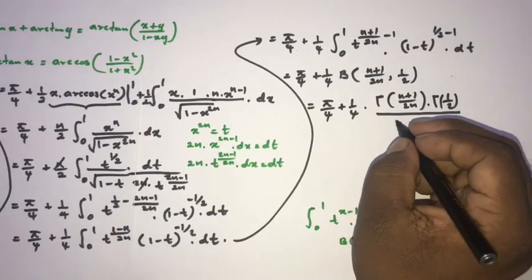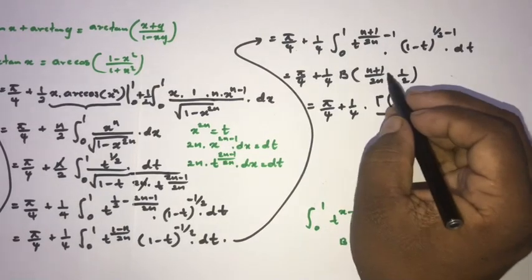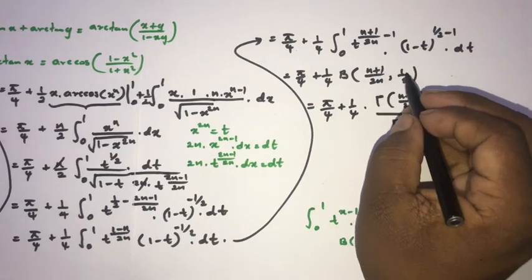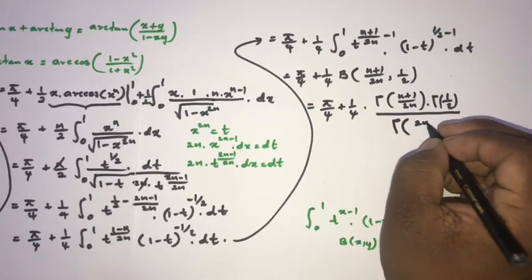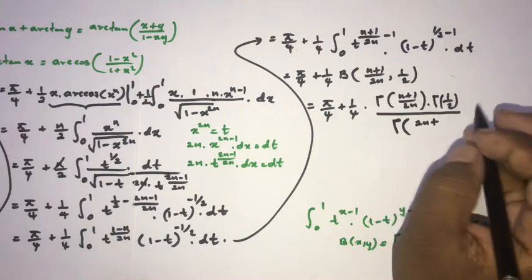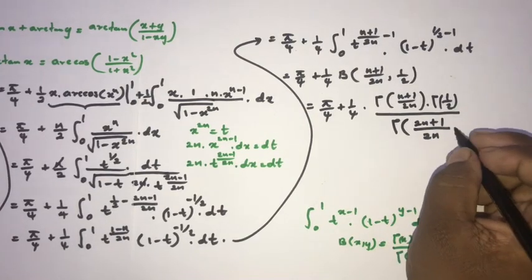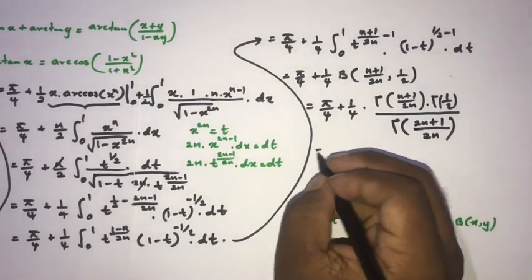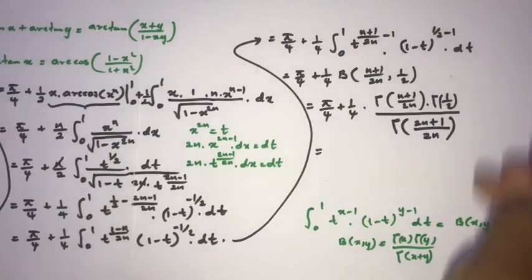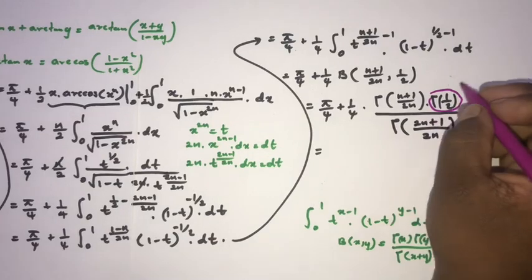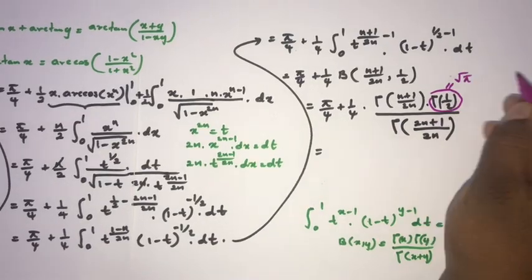over gamma of the sum of (n plus 1) over 2n and 1 half, we know that is (2n plus 1) over 2 times n. Okay, then we know the value of gamma of 1 half is the square root of pi.